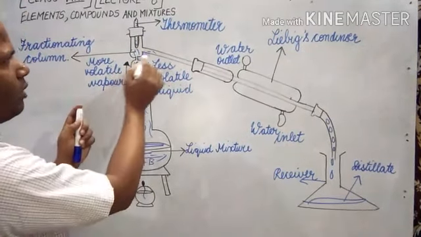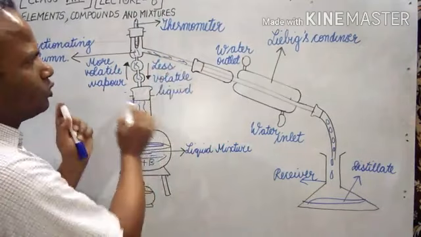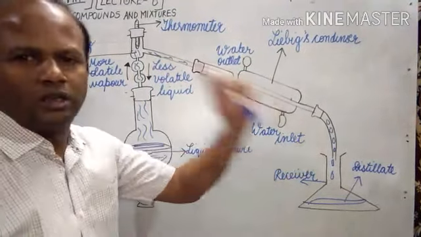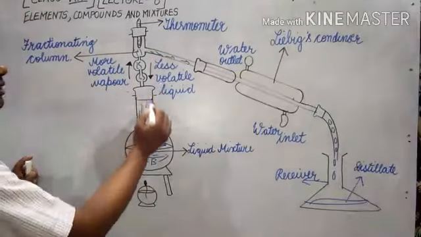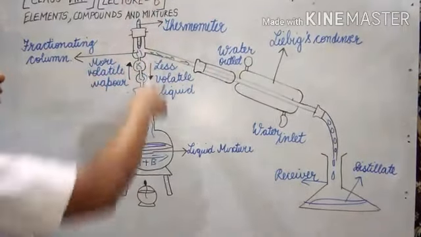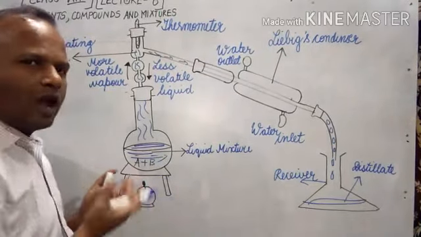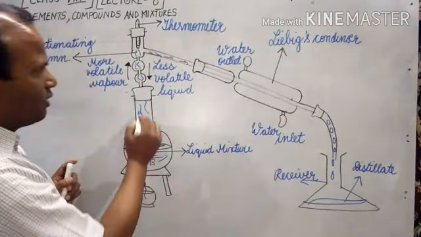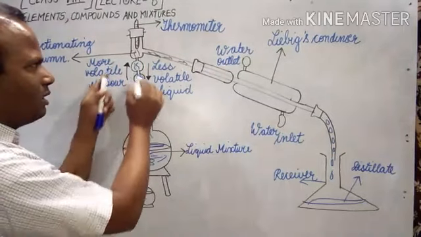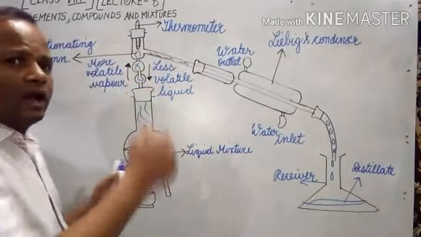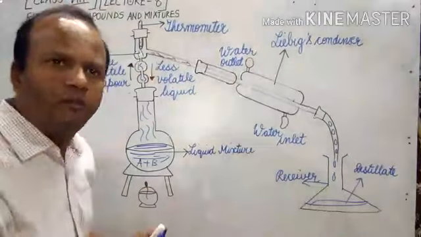This more volatile vapor will first go through this, reach the Liebig's condenser and be collected here. But why is the less volatile liquid shown downward? As the temperature rises, both vapors will be formed. The arrangement is like this because it takes time to travel, and there is an obstruction in the path of the vapors.